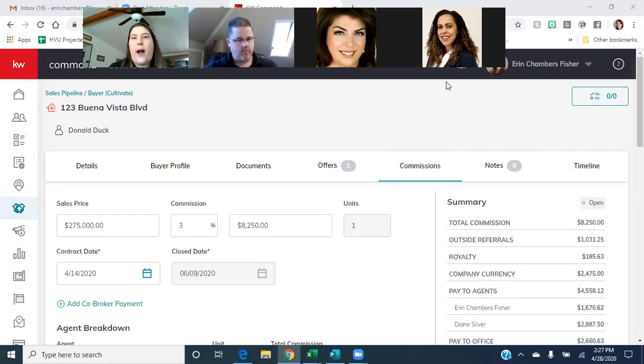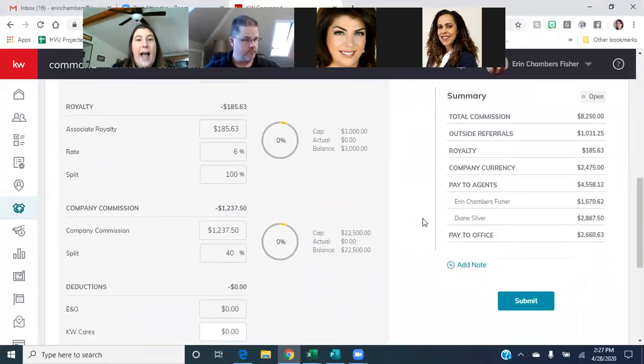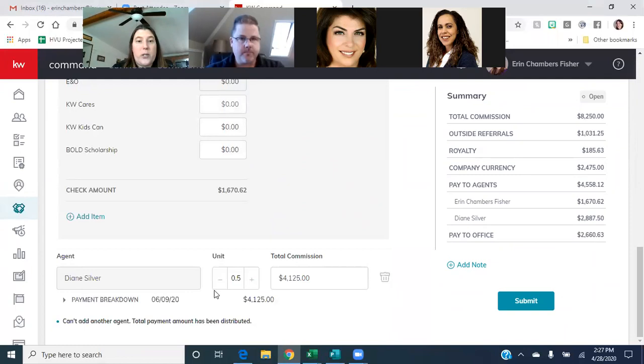I did just want to clarify quickly what Matt was talking about before with the inside-outside referral. On teams, things are paid in certain ways. An inside referral really is any time that you're paying an agent within Keller Williams and you don't want it to affect the unit count. If you're splitting units 50-50 and that's okay, then I would do it by adding an agent and toggling through this unit here.